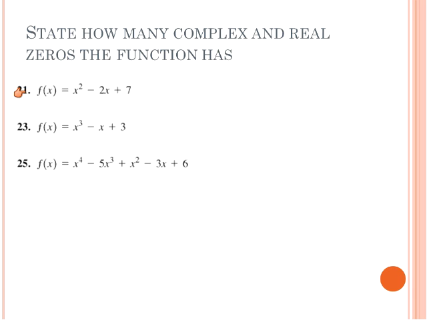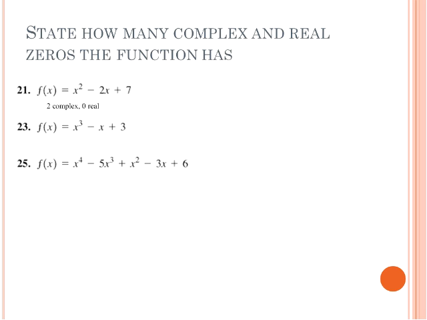Out of those 2 zeros, I just went ahead and graphed it. How many of those are x-intercepts? 0. So what that means is there are 2 complex and 0 real solutions. So real solutions are your x-intercepts.